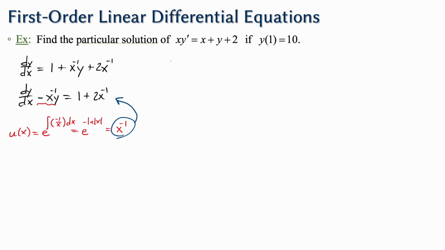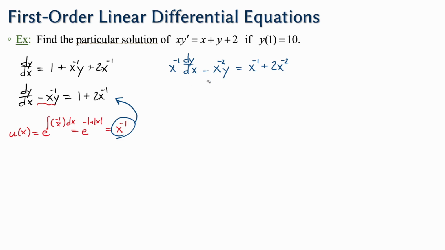What that does is give me my x to the negative first, dy/dx. And then when you multiply x to the negative first times this one, you have a negative 1 and a negative 1. So that's going to give me minus x to the negative second y. And then on the other side, 1 times x to the negative first is that. And of course, when you take the 2x to the negative first times that, you get 2x to the negative second.